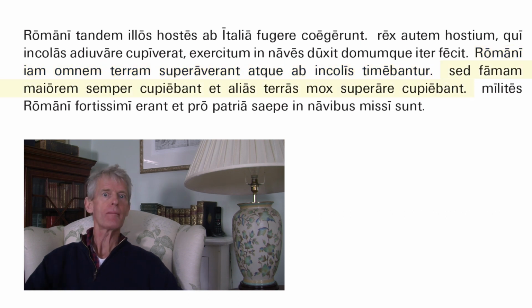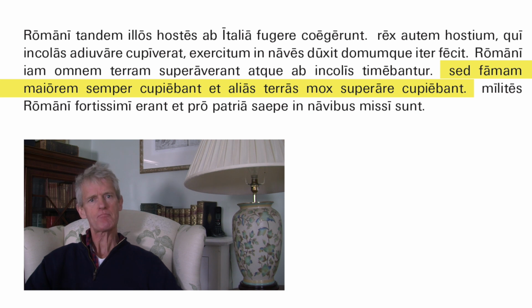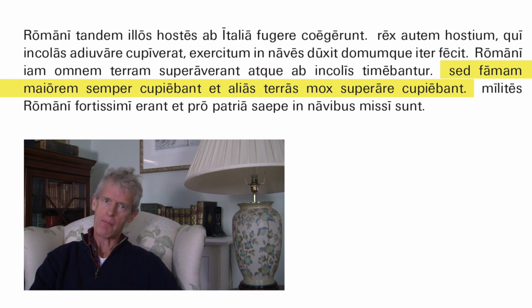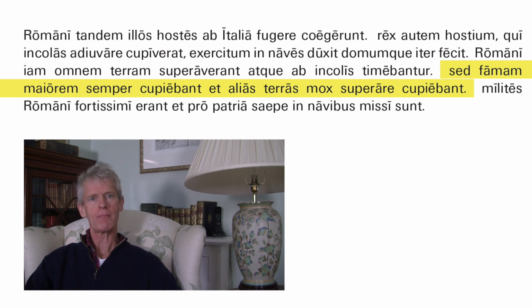Sed famam maiorem semper cupiebant, et alias terras mox superare cupiebant. First verb first, cupiebant. They were wanting. They were a noun in the nominative plural. Back we come looking for one, and there isn't. So, sed, but, cupiebant, they were wanting, famam maiorem. That's our object. Greater fame.